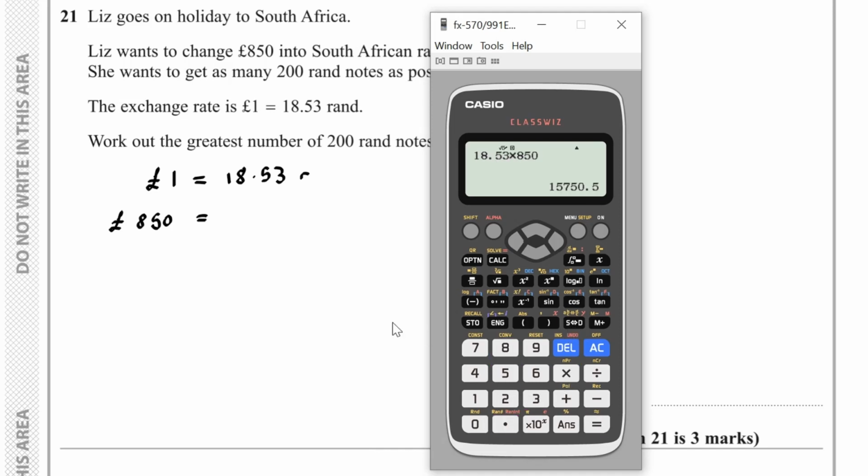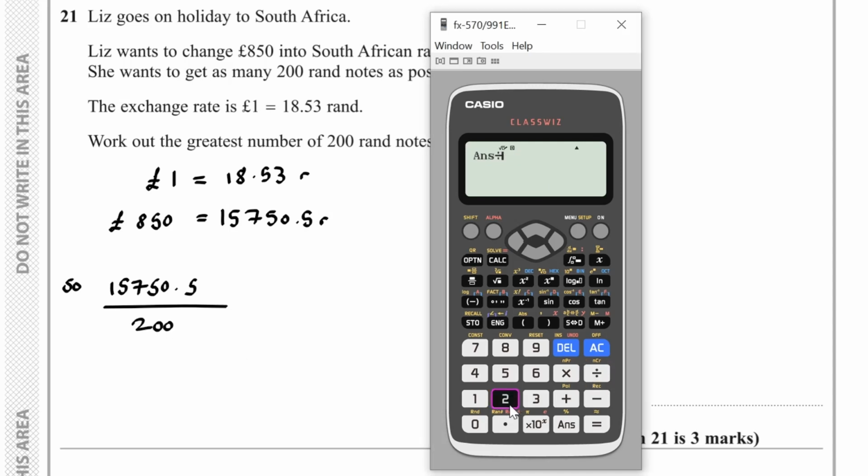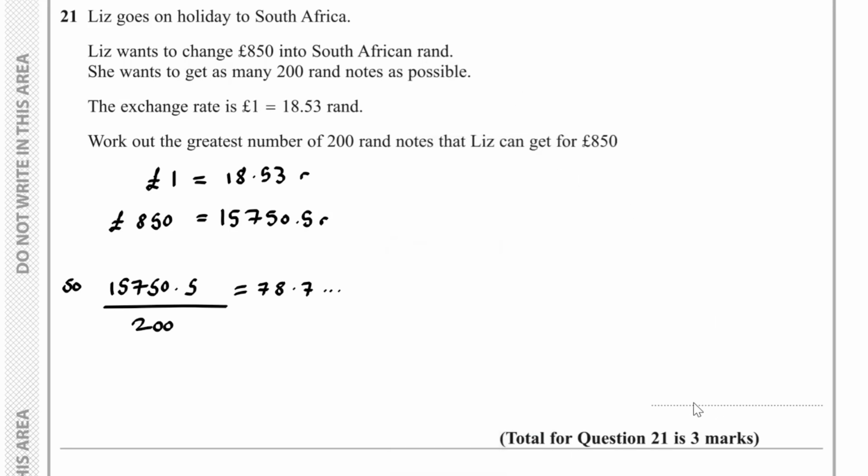It turns out we get 15,750.5 rand, and we wish to find out how many 200 rand notes we can get. So we've got 15,750.5 divided by 200. If I divide this by 200, it turns out we get 78.7, etc. So the number of 200 rand notes we can get is therefore 78.